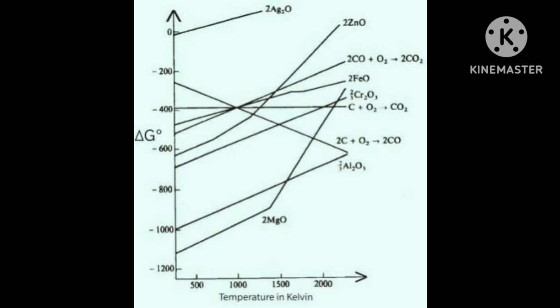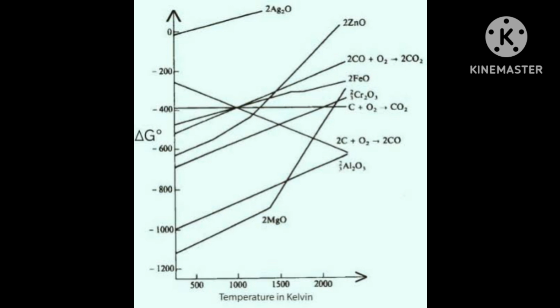The role of the reducing agent is to provide a standard delta G negative and large enough to make the sum of standard delta G of two reactions negative. What are those two reactions? First is oxidation of the reducing agent and reduction of the metal oxide. These two overall values of delta G should be negative.